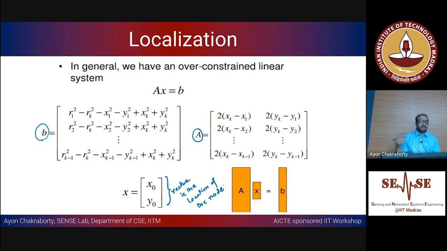I am repeating it so many times, right? So these are all beacon or anchor locations, and I'm going to stress that this is known. Okay, and we have solved for the unknown, which is x. This was unknown.